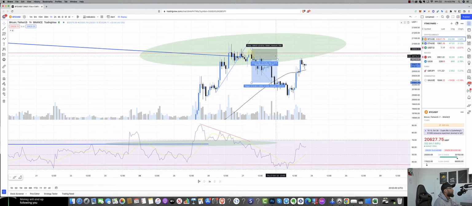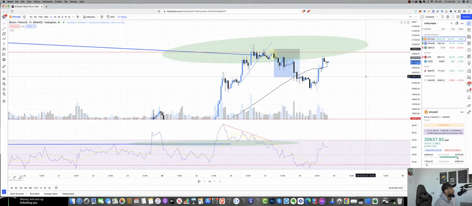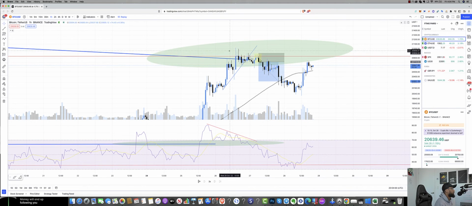I did put my stop loss in different places, and I don't have a specific percentage that I leave my stop loss for Bitcoin, just because it does fluctuate so much. So I have to scale in a bit differently than if I was trading with gold or forex, because you can get wicked out pretty quick.